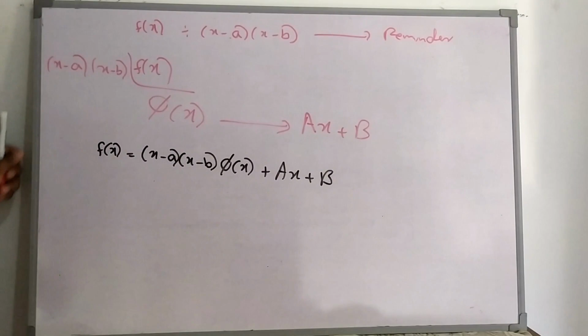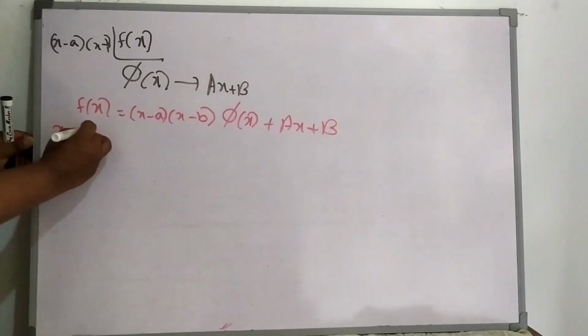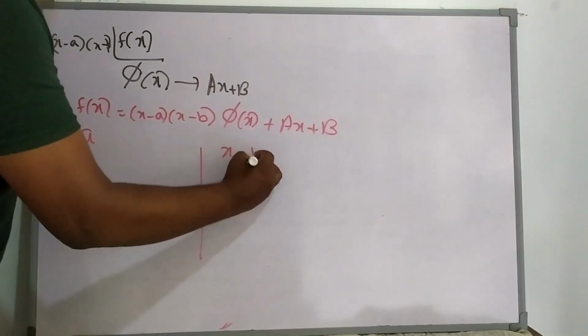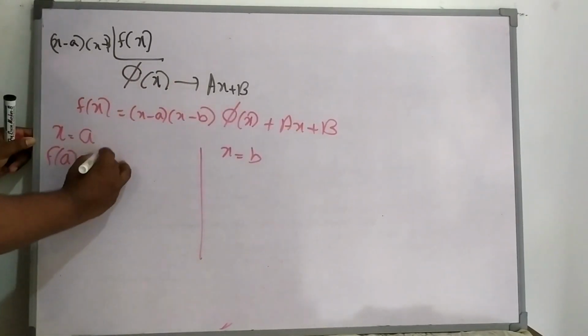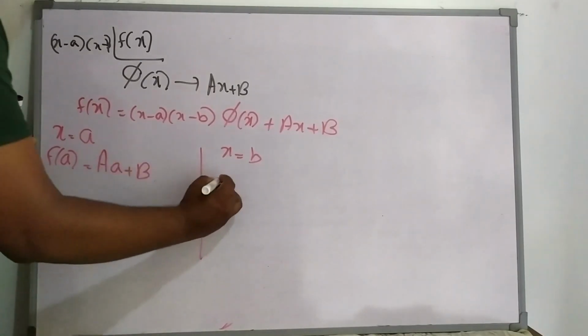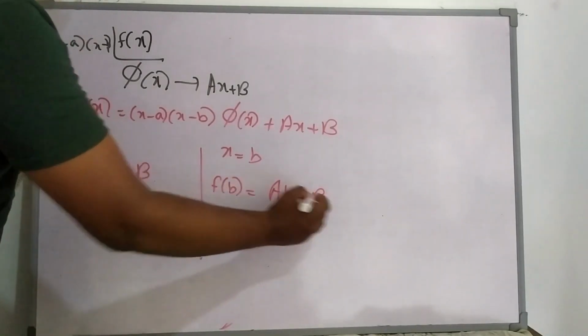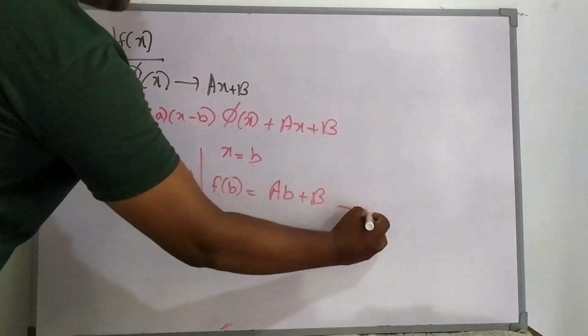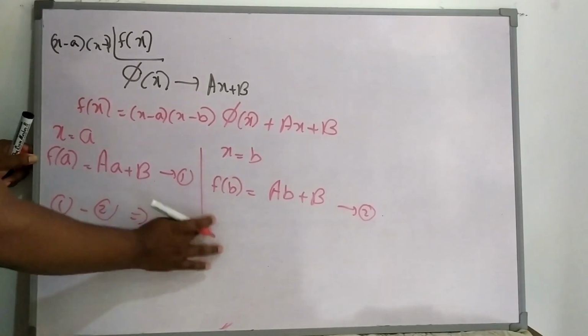It's like f(x) equals (x minus a)(x minus b) times psi(x) plus Ax plus B. So this is my remainder theorem. The objective is to find capital A and B. I'm putting x equal a and x equal b. If x is a, it will be capital A times a plus B; if x is b, it will be capital A times b plus B. So I'm going to subtract these two.